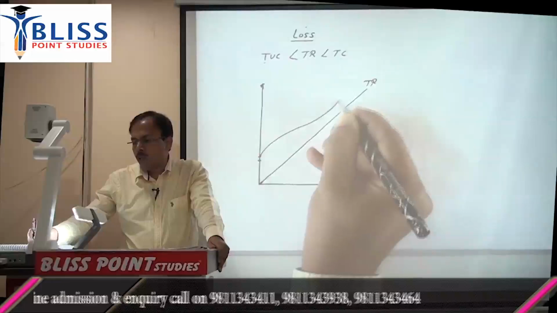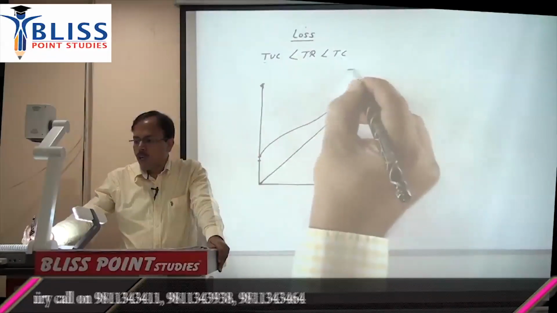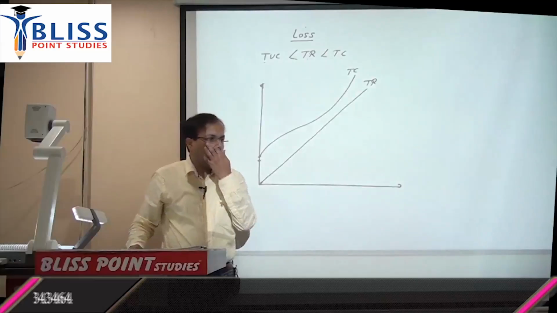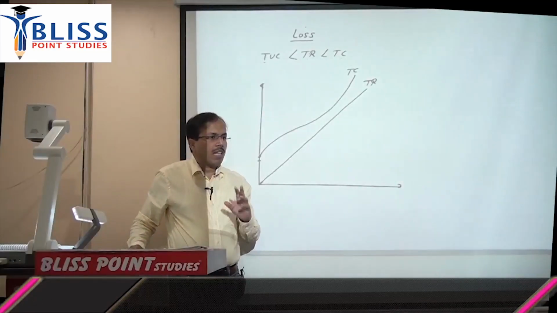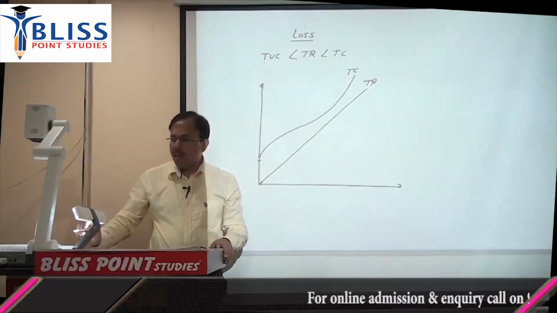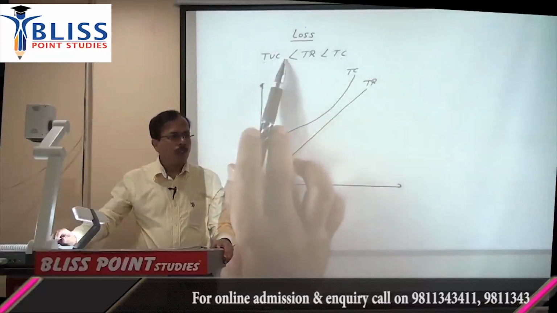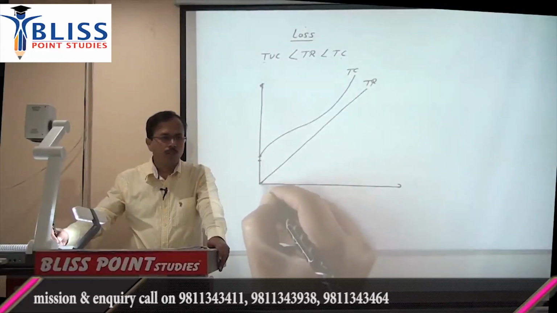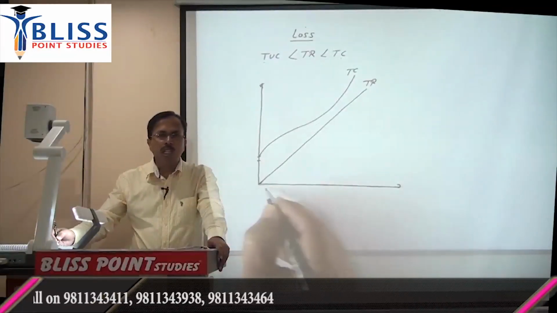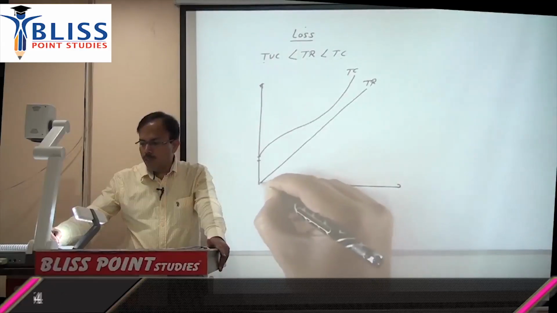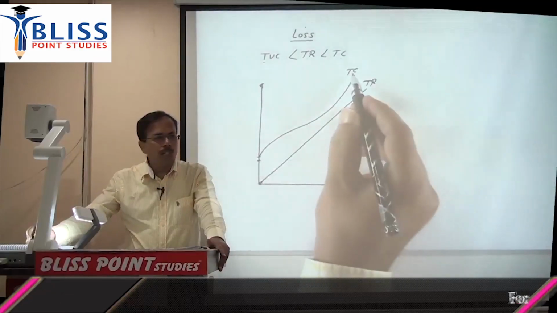So you can't draw it below now. टोटल कॉस्ट की लाइन ऊपर रखेंगे पूरा. And in addition to that, you have to draw total variable cost also, but that variable cost must be less than TR. But variable cost will start from origin. If there is no production, there will be no variable cost.